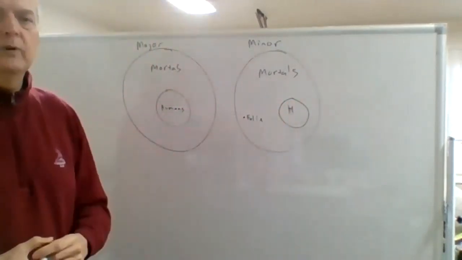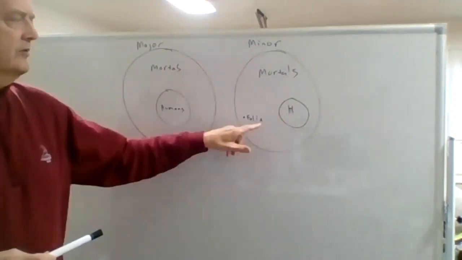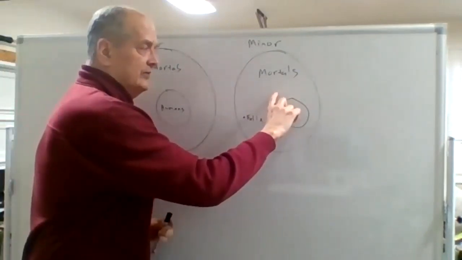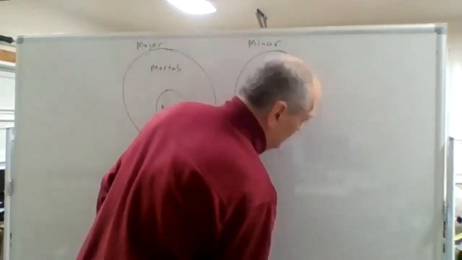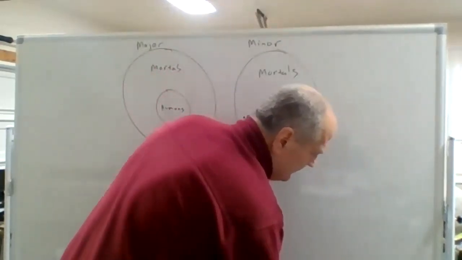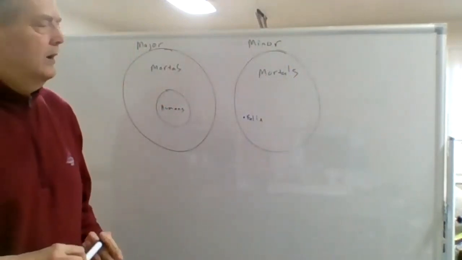We have a circle humans here and a particular element Felix over here. We have no way of knowing this is not the case based on our minor premise. So we cannot conclude diagrammatically that Felix is a human.